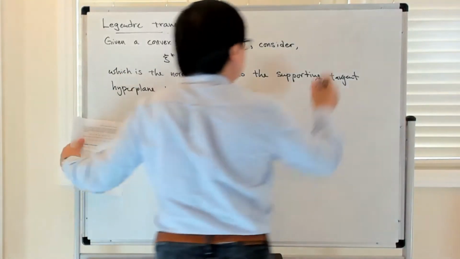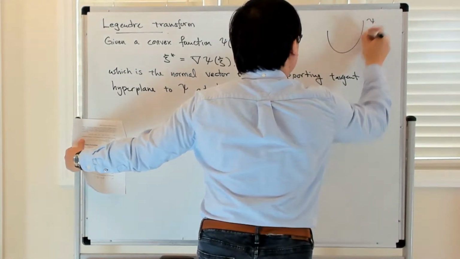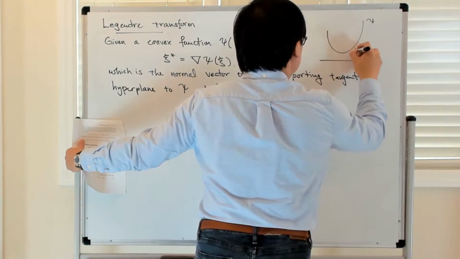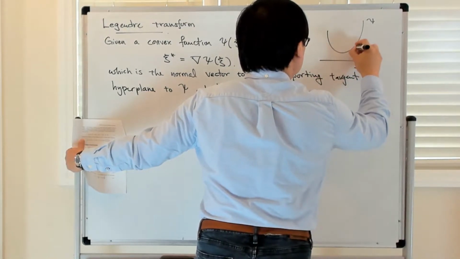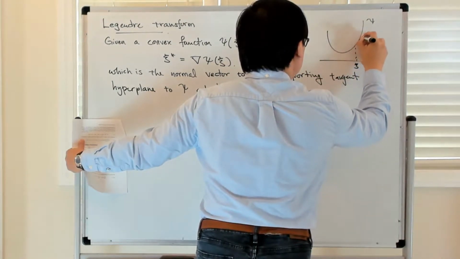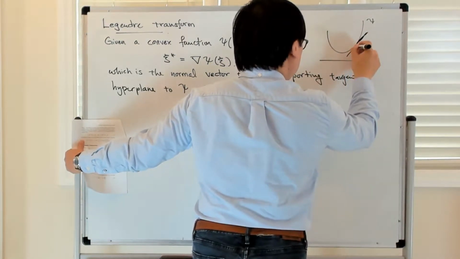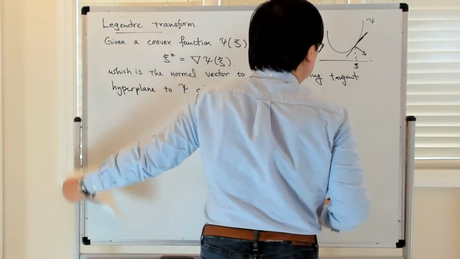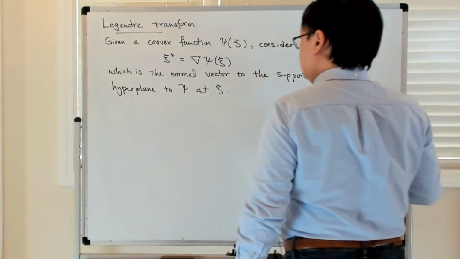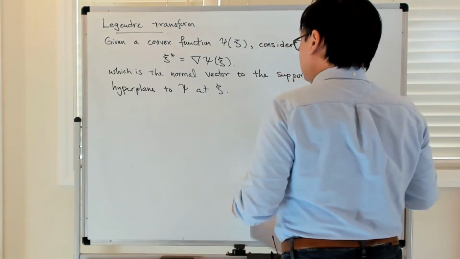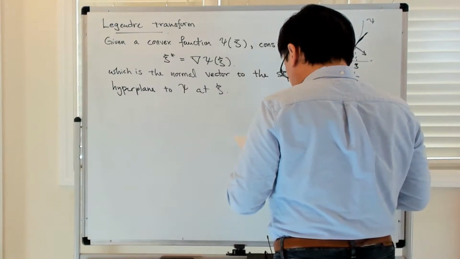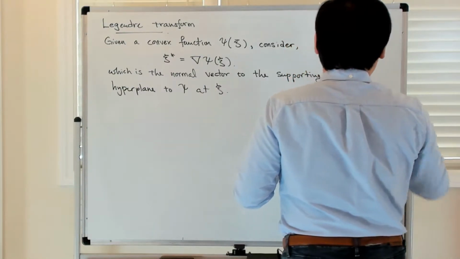All right, so imagine a picture like this, and there is a tangent hyperplane, and this is the normal.